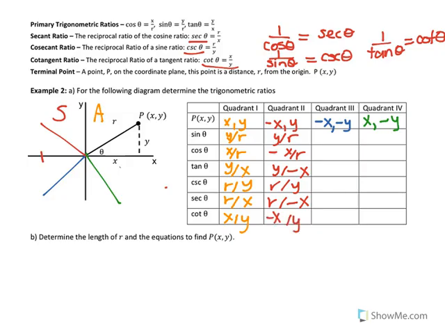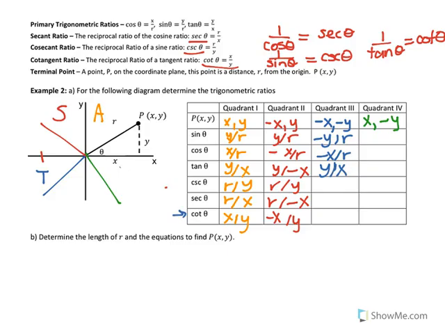In quadrant 3, they're both negative. So we have negative y over r, so sine is negative. We have negative x over r, which is negative. And now we have y over x. If I put negative y over negative x, that would make it positive. So tangent's going to be positive in this quadrant. This should be an x.